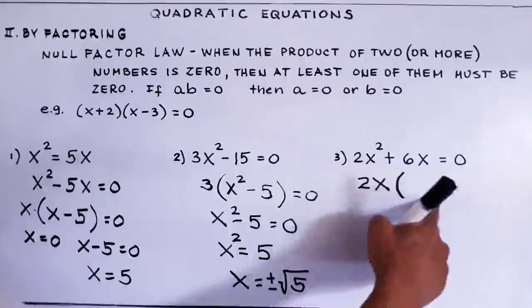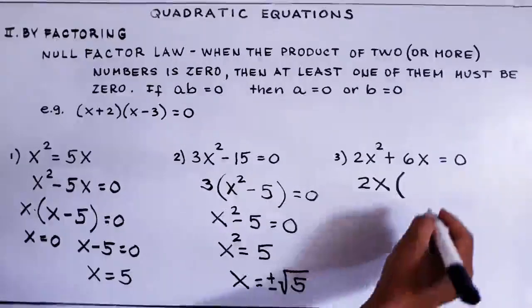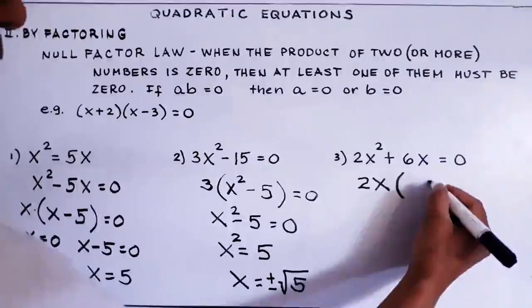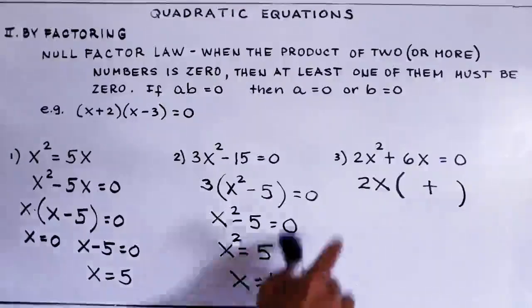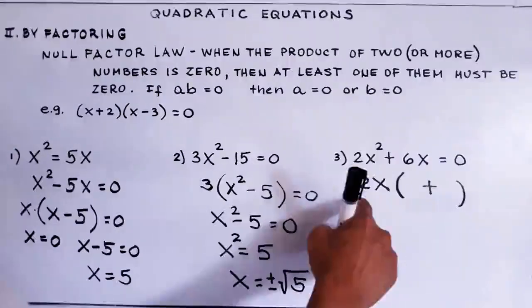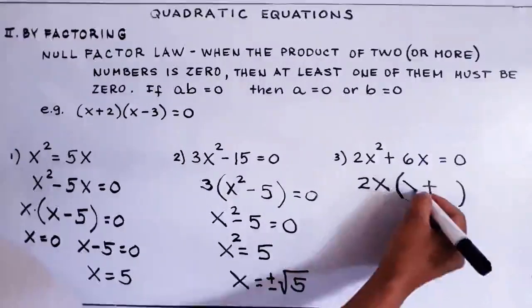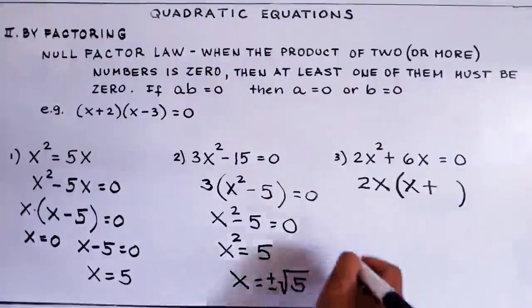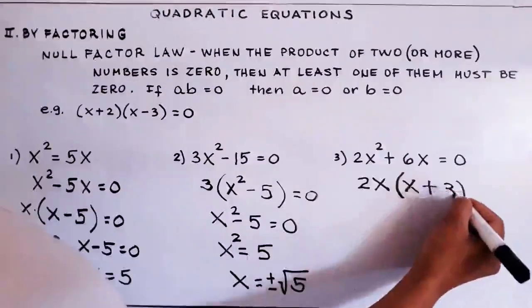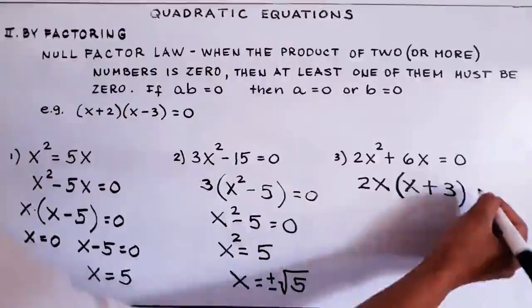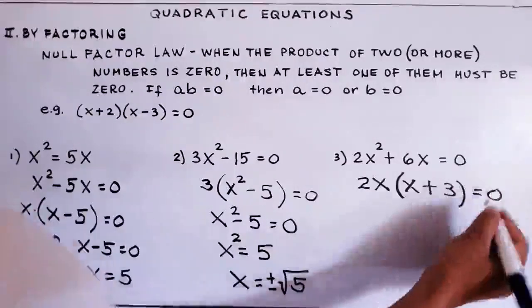We should have also two terms here, which is separated by a plus. Now we divide 2x squared by 2x to give us that x there. Plus 6 divided by 2 is 3. x and x is 1, is equal to 0.